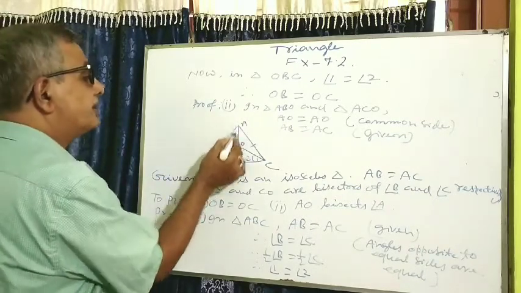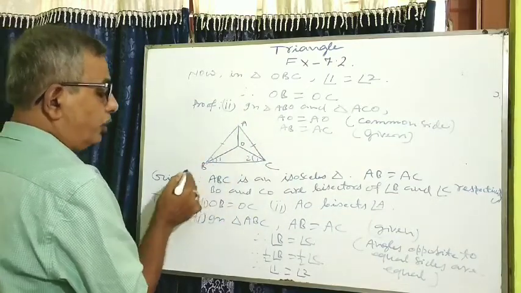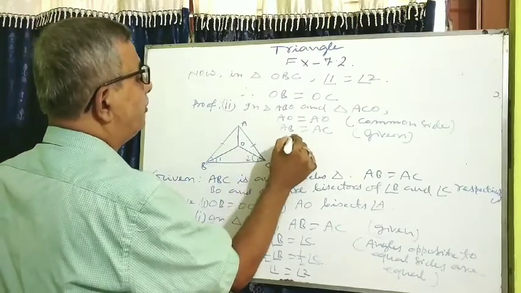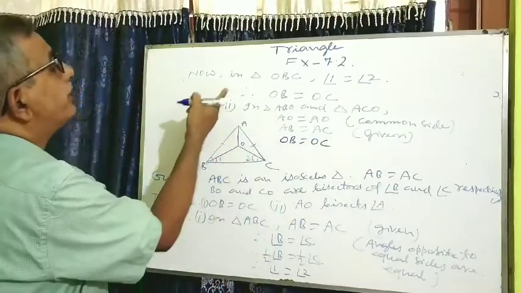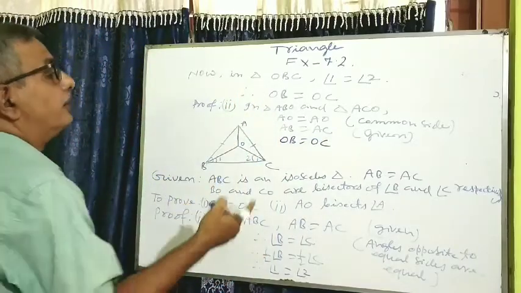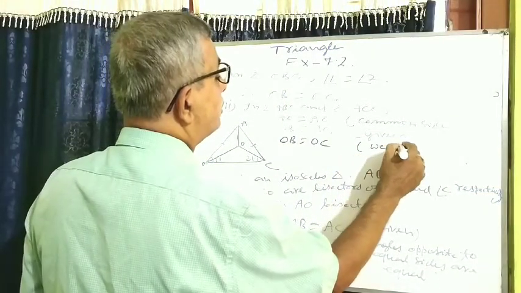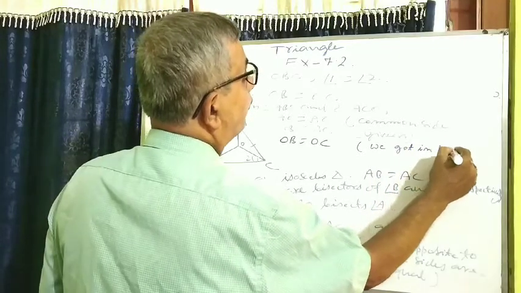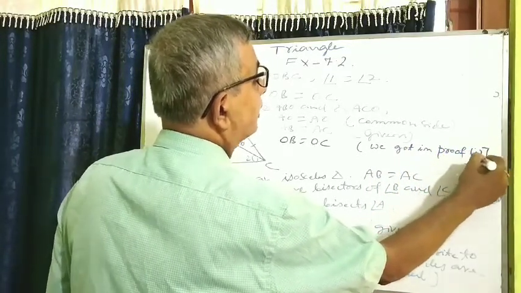AB is equal to AC you got, and OB is equal to OC. Why is it so? We got it from proof 1. I think you understood.